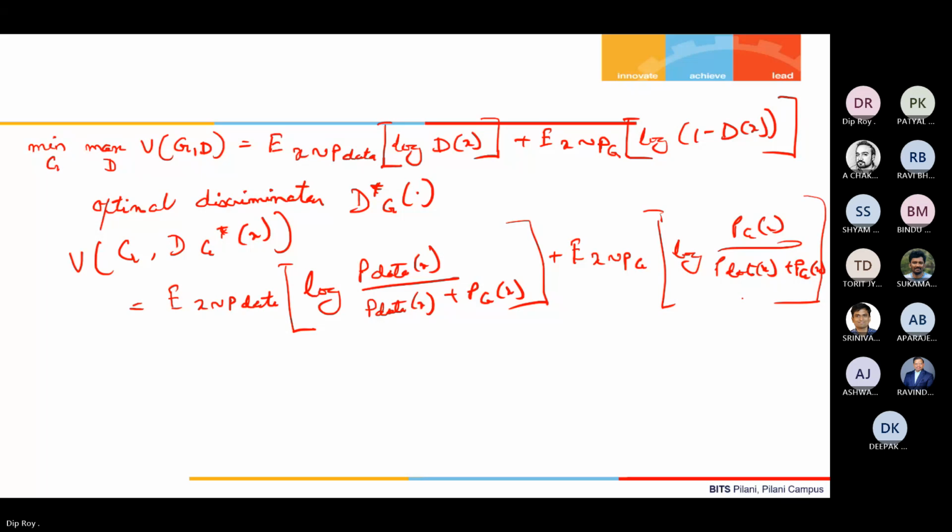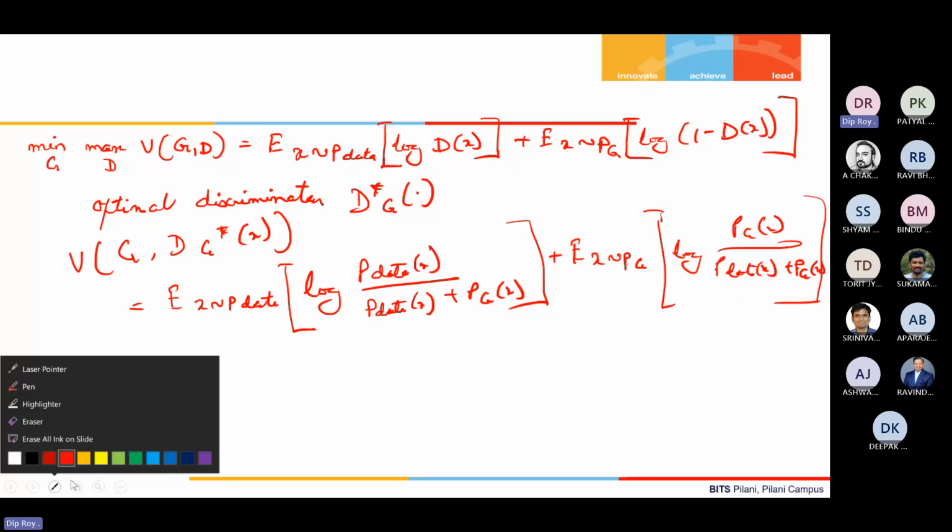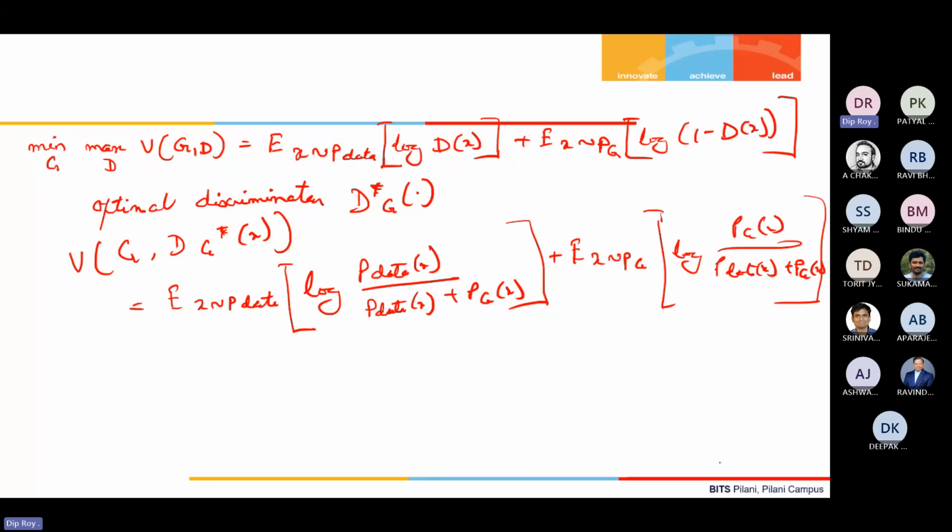Now, once we have written this, I'm not going to write this entire expression again. I can easily say that this is going to be log of P data x divided by (P data x plus P g x) divided by 2.